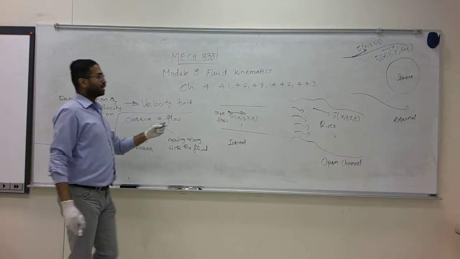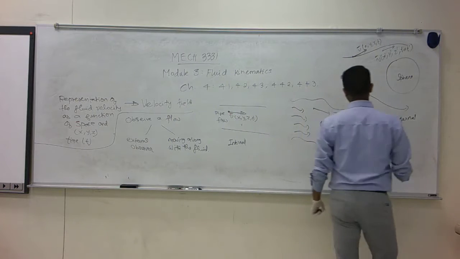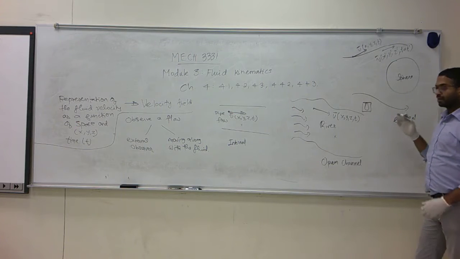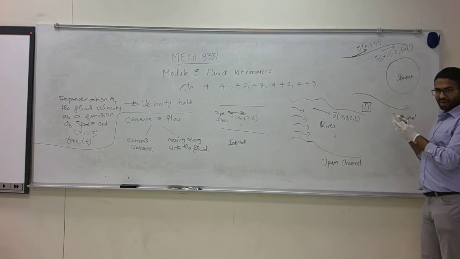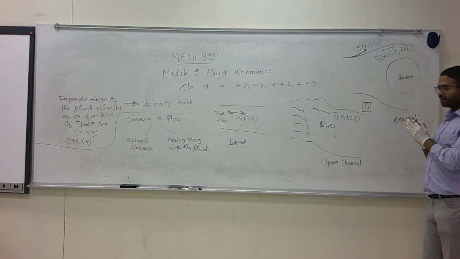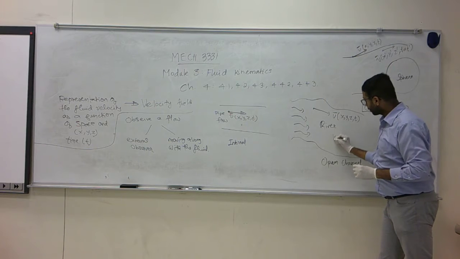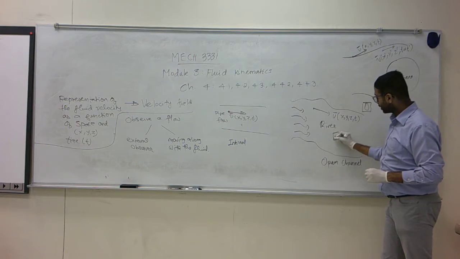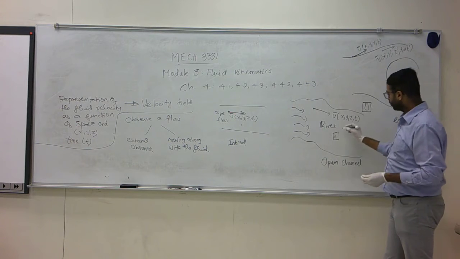Suppose you take the example of the river, and you are standing on the banks. So here is the observer. The observer is standing on the banks and observing a specific point in space. Suppose we focus our attention on this point on the river.